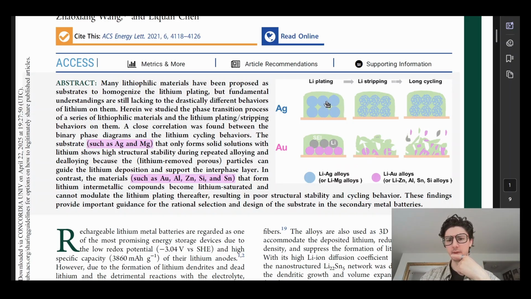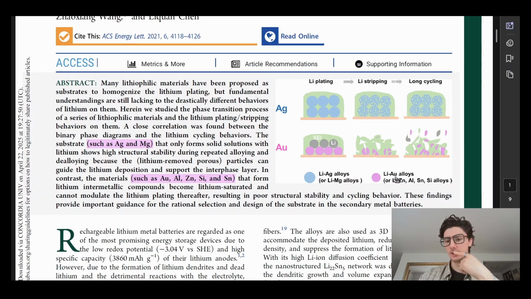Lithium plating, right? The picture looks fairly similar, but then in lithium stripping, we get this whole SEI, the green thing, starts breaking down, everything looks kind of bad. Over here, it's just the silver spheres inside that look like they're breaking down. Long cycling, not too much difference between silver for lithium stripping and long cycling. But here you get a lot of destruction.